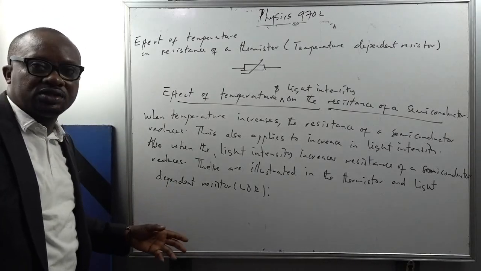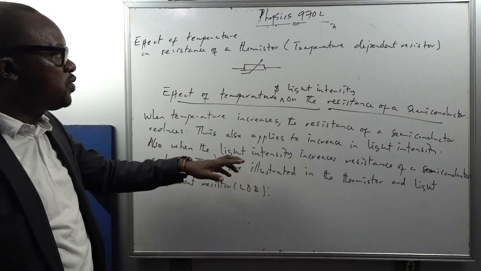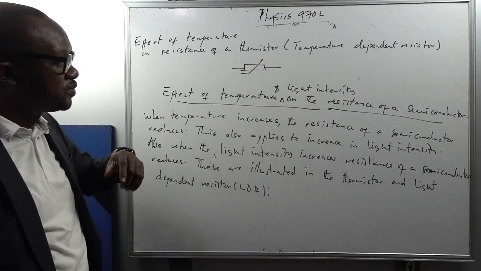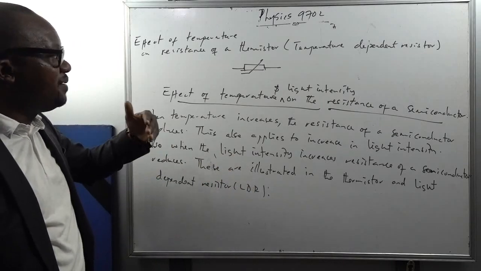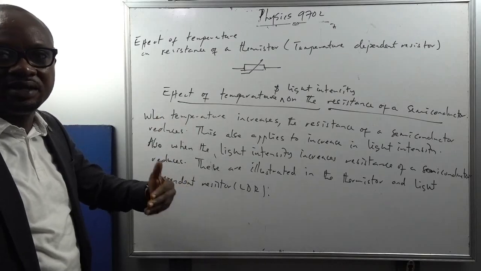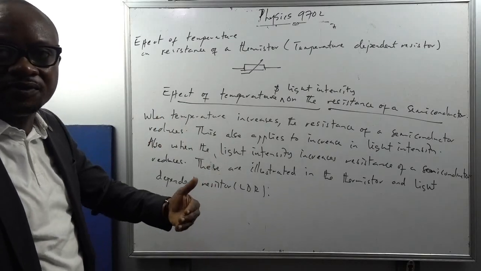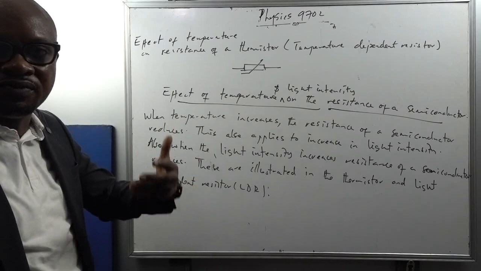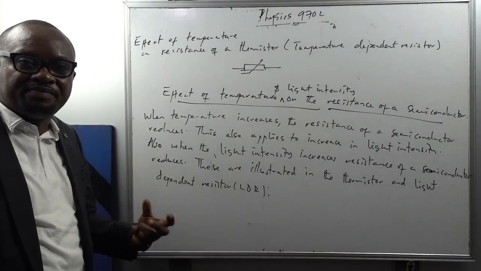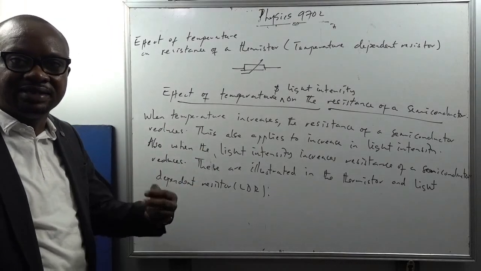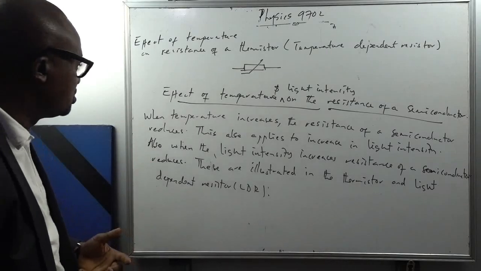And of course, from what we have explained previously, a thermistor is made up of a semiconductor. And as the temperature of a semiconductor increases, the resistance will reduce.